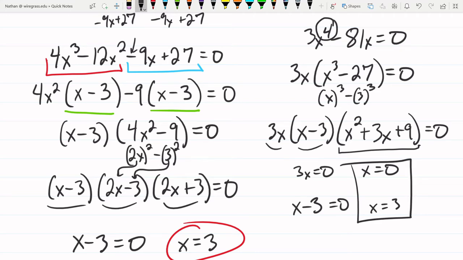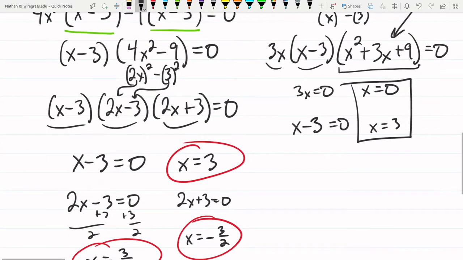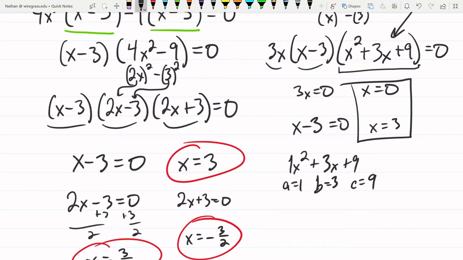And you can see that it is less than 4. This term should add in two complex solutions, but we're not concerned about that. I can actually show you that real quick by using the AC method. So we have 1x squared plus 3x plus 9. So a equals 1, b equals 3, and c equals 9.